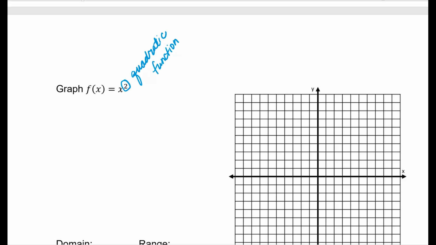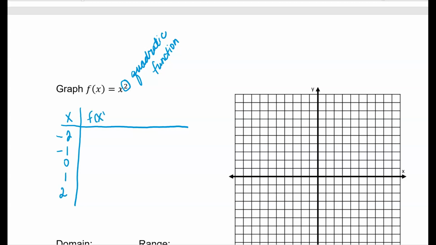So let's plug in some numbers for x, but we want to plug in more numbers for x to have a more accurate picture of what this function looks like. So we're going to use some additional x values. Let's start with negative 2, negative 1, 0, 1, and 2.